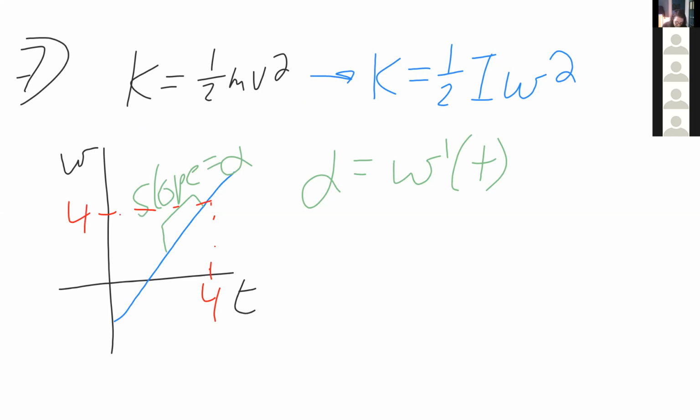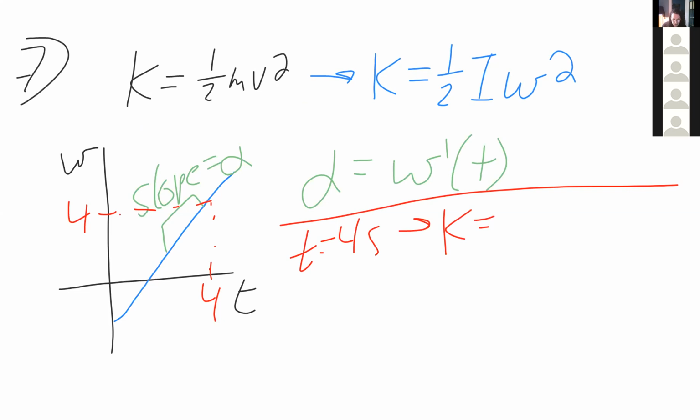And so they'll say at t equals 4 seconds, you'll have a kinetic energy of, say, 6 point, whatever, it probably doesn't matter a whole bunch what it is. Let's just say it's 6 joules. And then I will read off the graph and I'll say, okay, at 4 seconds, I know that my omega is 4. So I'm supplying that information myself from the graph.